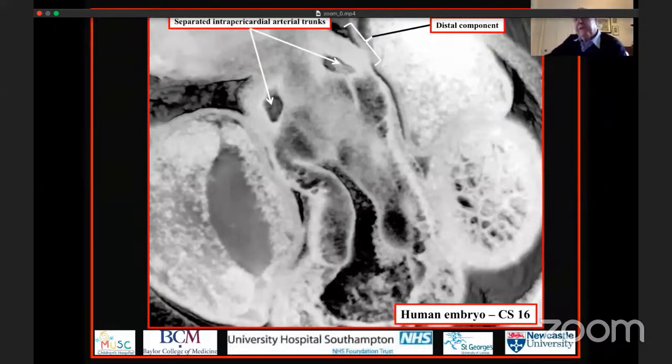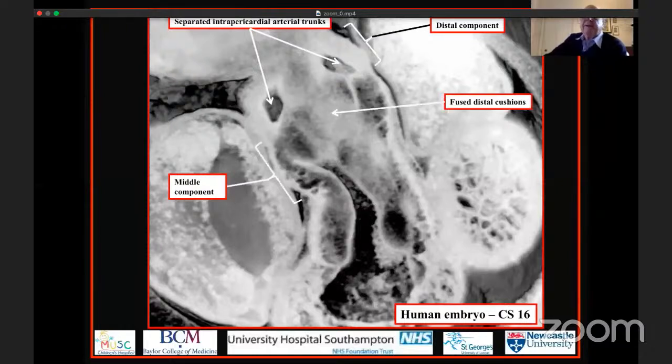So you see that now already the distal outflow tract is separated into the intrapericardial components of the aorta and the pulmonary trunk. You can also see rather nicely now how the middle component has indeed been separated by the fusion of those distal outflow cushions.